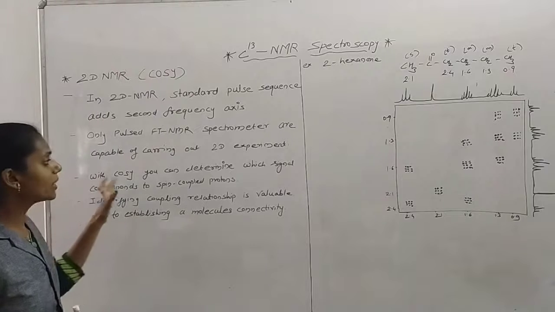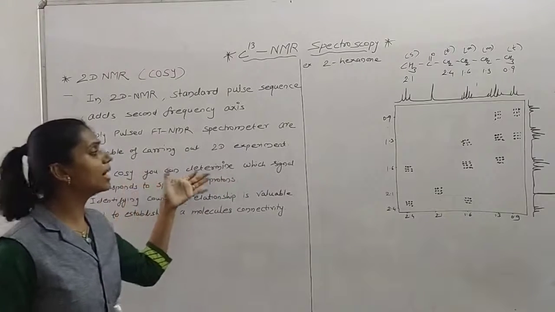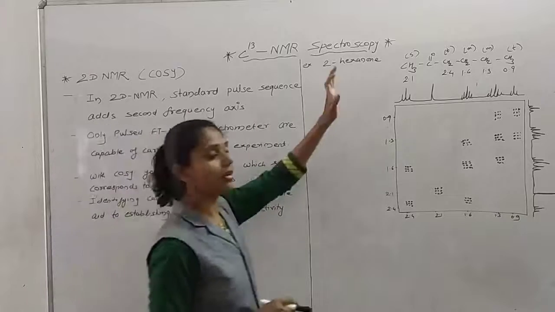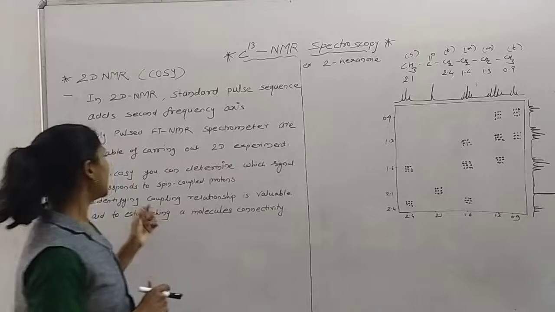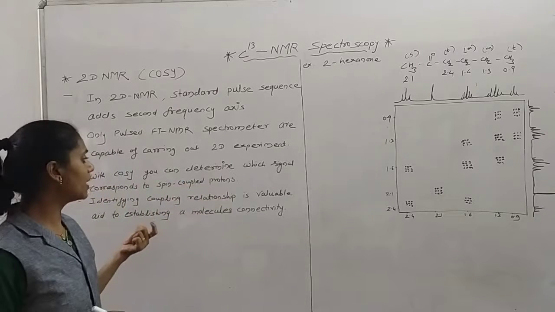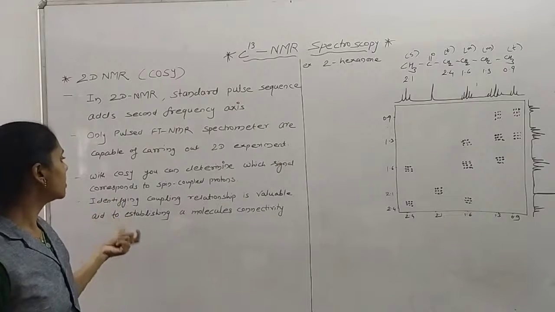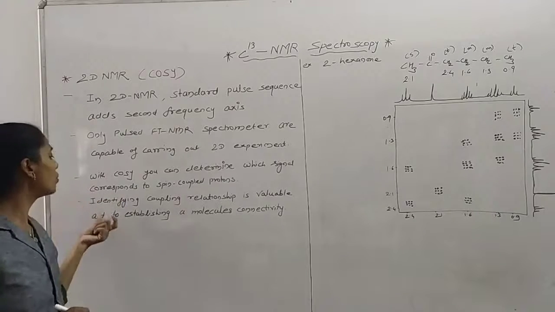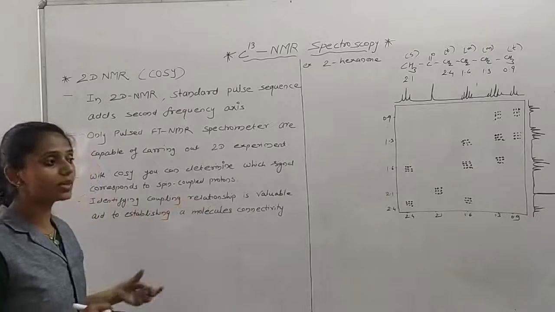With COSY, you can determine which signals correspond to spin coupled protons. That means which carbon atom is coupled with another carbon atom. From this you can identify the structure with the help of COSY. Identifying the coupling relationship is most important.